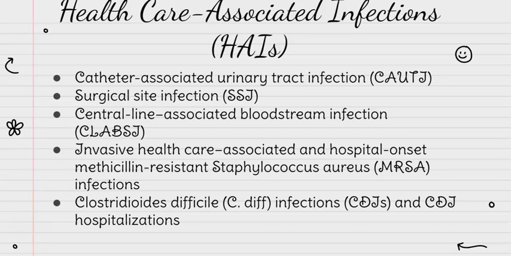Environmental cleaning, so ensuring that the patient areas, equipment, and surfaces are properly disinfected for the removal of potential pathogens, using appropriate isolation precautions, which I talked about earlier, and then patient and family education. So instruct patients on infection prevention techniques such as wound care, hygiene, and the importance of reporting signs and symptoms of early infection.